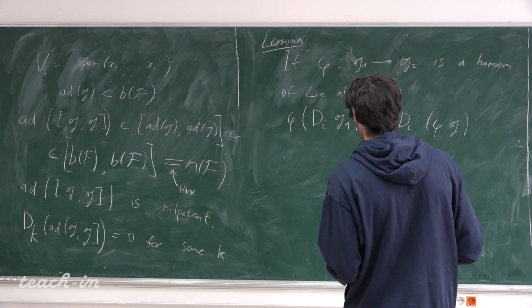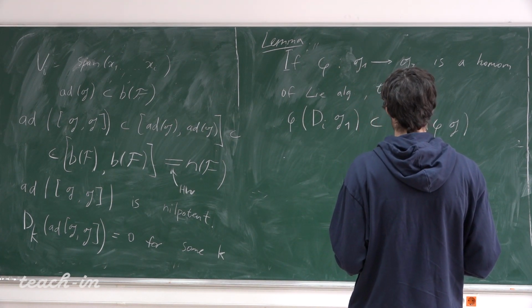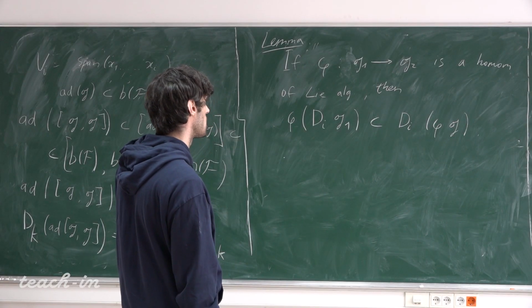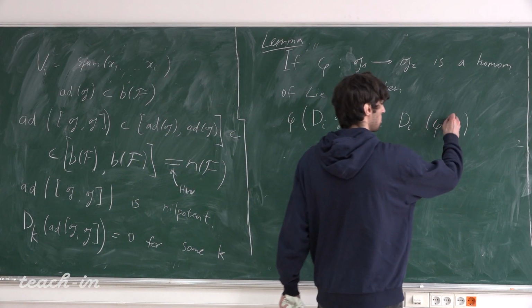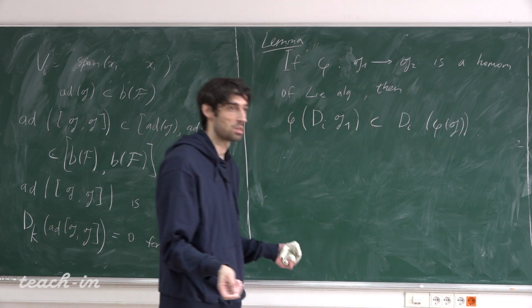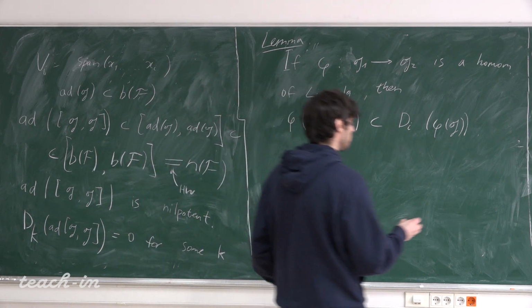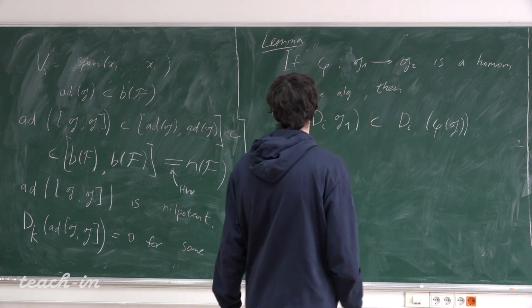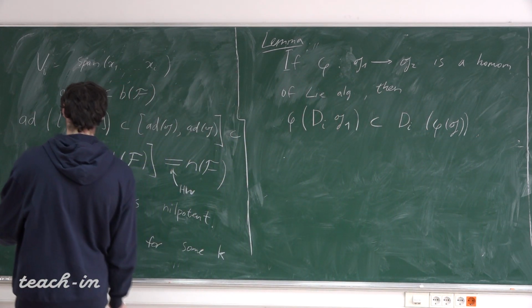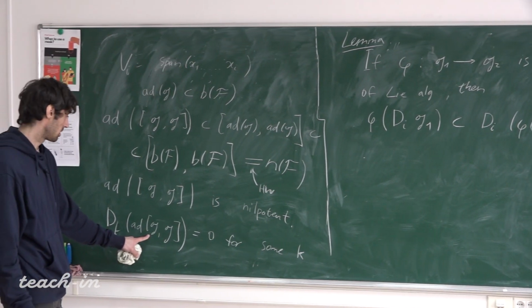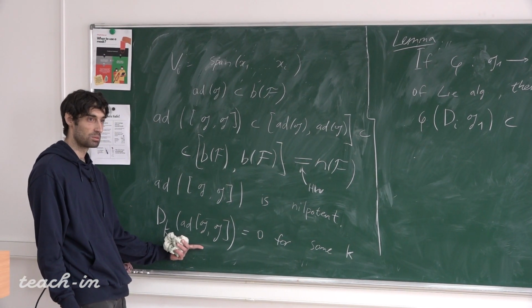Is that true? Is it this way? So for each i, yeah, this way. This is just because phi respects commutators. So that's a proof, basically. Therefore, if I move this D inside, this will be inside 0, kind of.